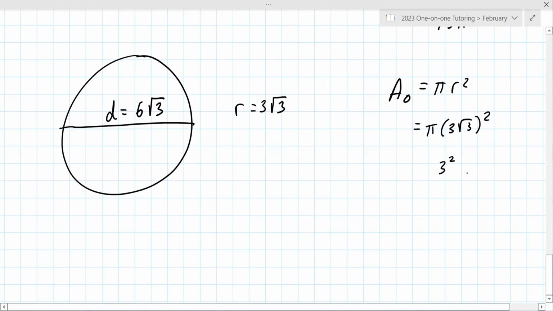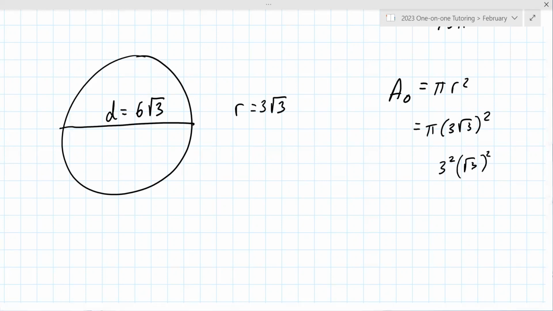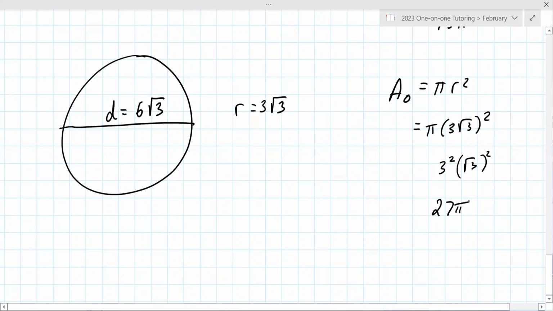So you have to square the 3 and square the square root of 3. What is 3 squared? Oh, that's what I didn't do. Yeah, that would be 9 times 3, 27. 27 pi.